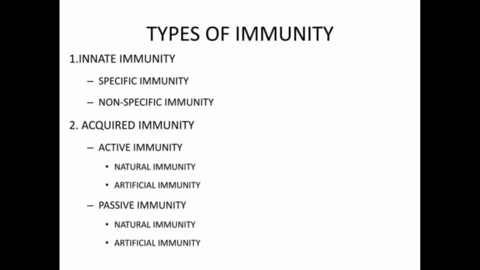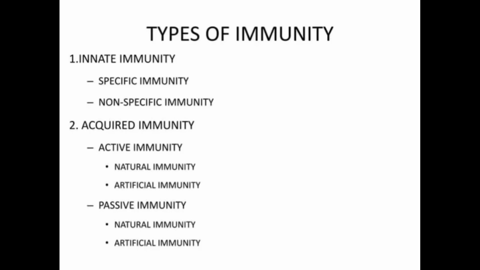Acquired immunity is the type of immunity which we acquire throughout our life through different environmental circumstances and different diseases, the immunity which develops in our body.